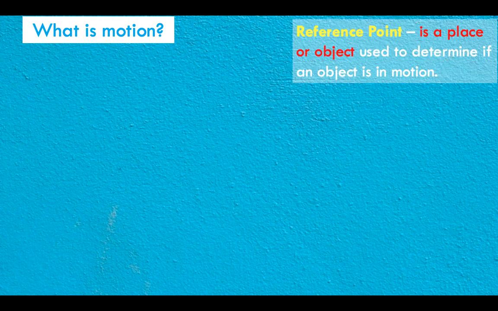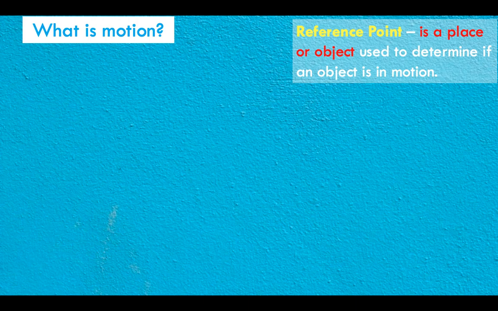Let us now study the two confusing but important terms related to motion: the reference point and frame of reference. And let's first define them. Reference point is defined as a place or object used to determine if an object is in motion.